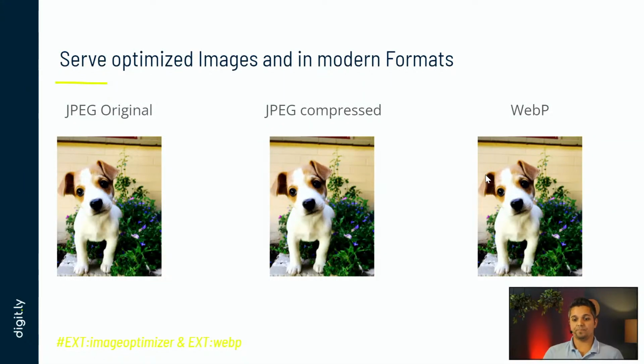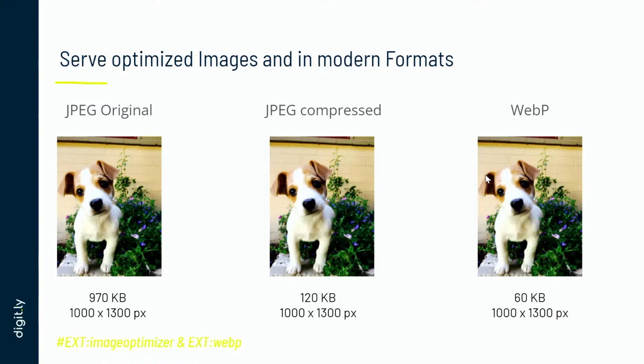Here you can see 3 identical images. Same size, same quality, but a big difference in file size. The JPEG original is nearly 1 megabyte, and the compressed JPEG has only 120 kilobytes, and the WebP version 60 kilobytes.